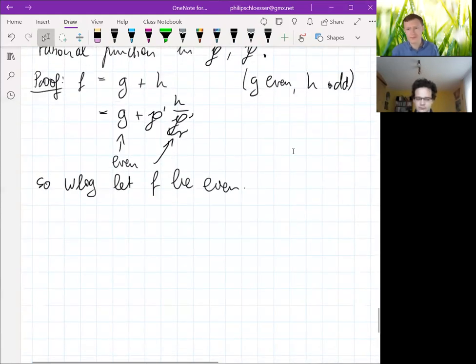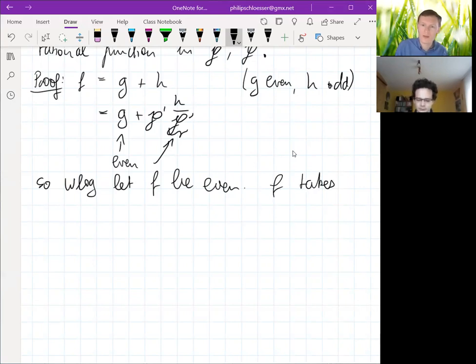So now the question of whether some value has multiplicity 1 or not is basically a question of the zeros of the derivative of f. And well, by general principles, we know that f takes almost every value with multiplicity 1.